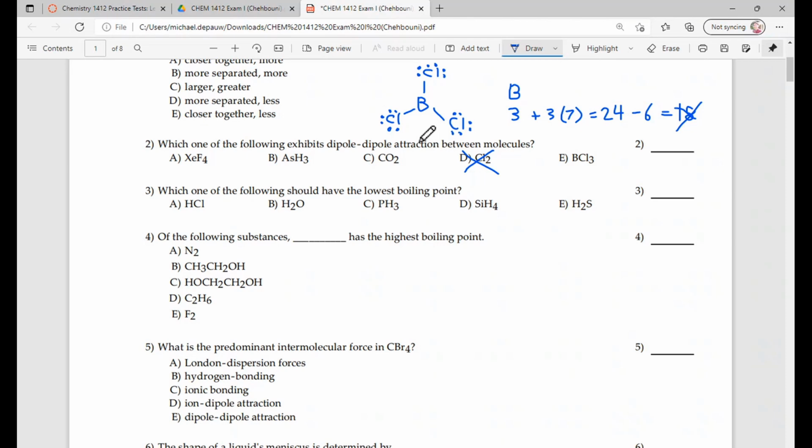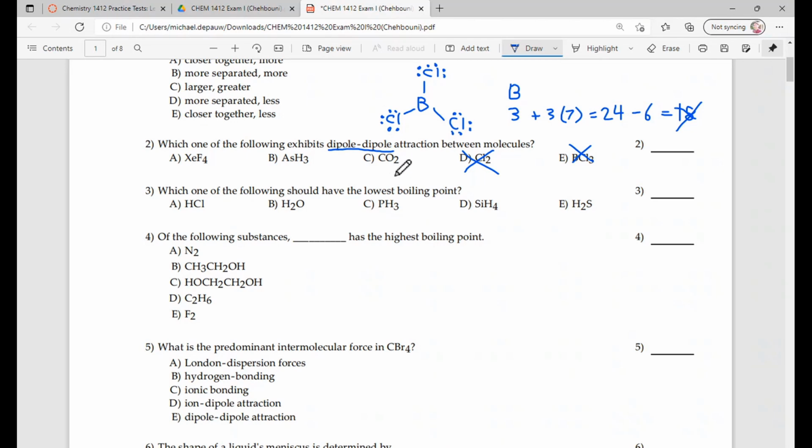If it's bonded to all the same outer atoms and there are one or more lone pairs, it will be polar unless the lone pairs are in opposite positions. So this one is not the answer. It can't have dipole-dipole attractions if it's not polar.